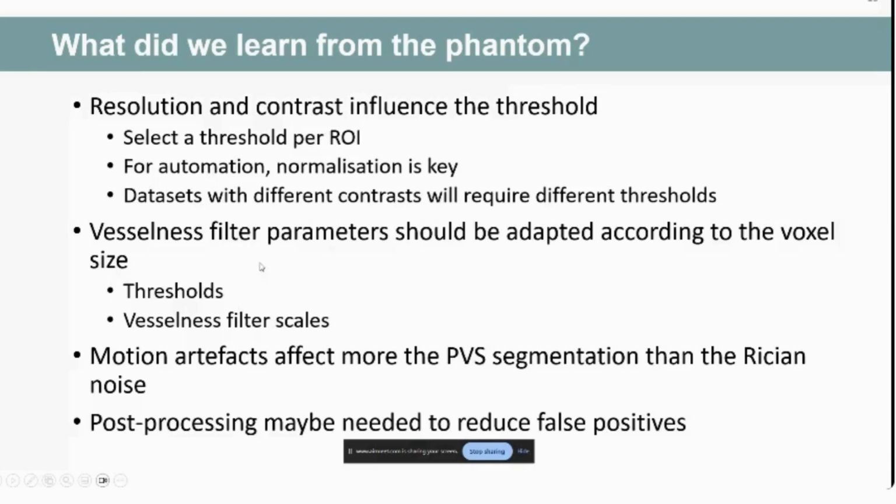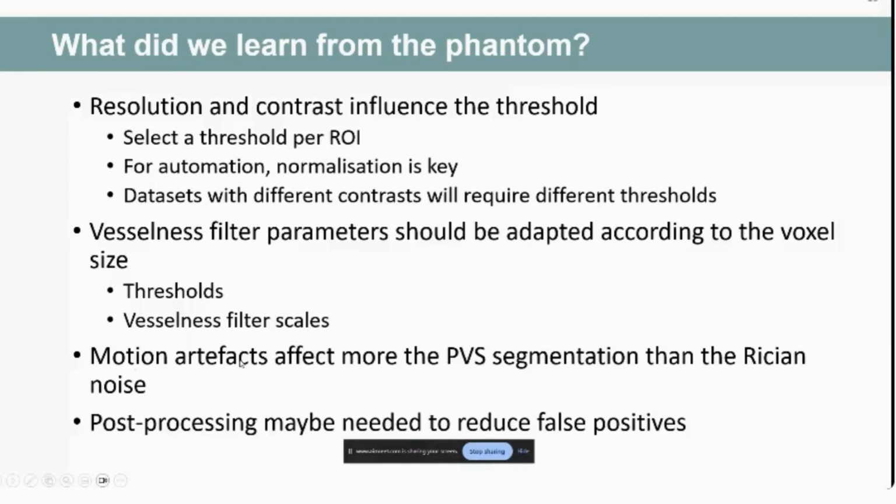For data sets with different contrasts, we will require different thresholds. For vesselness, parameters should be adapted according to the voxel size. And for different resolutions, the vesselness scales will be key, because we care about perivascular spaces that are from 1 millimeter up to 3 millimeters of diameter.